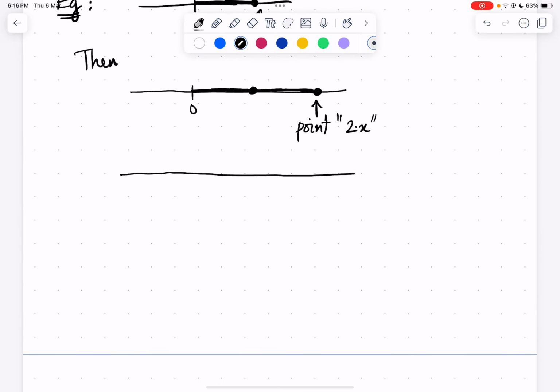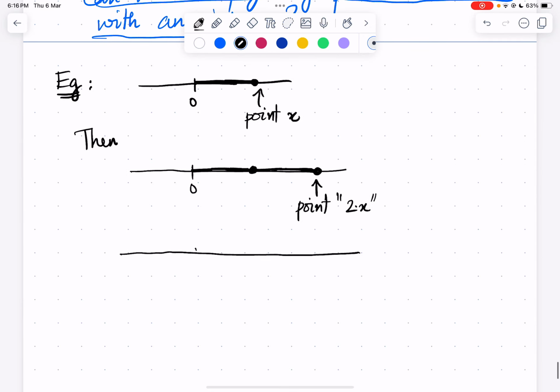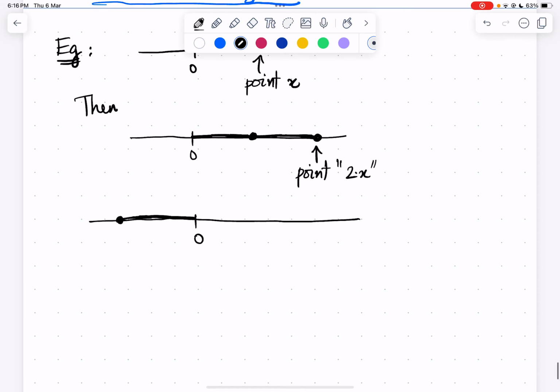Similarly, if we take like this, this point will be minus 1 times x.